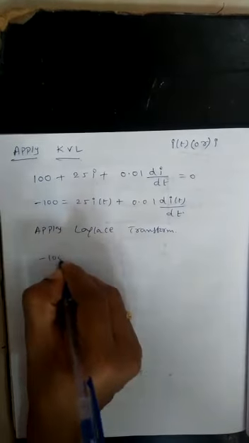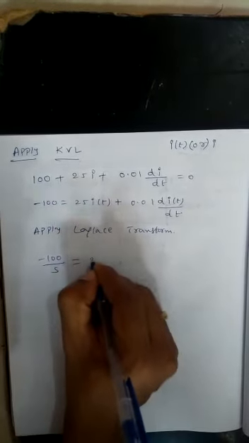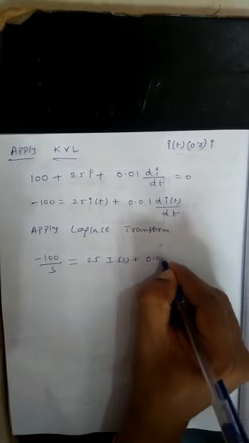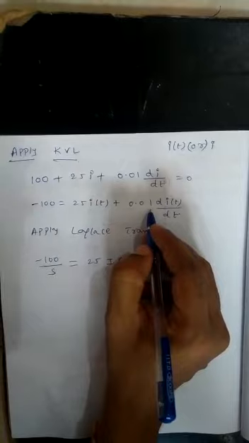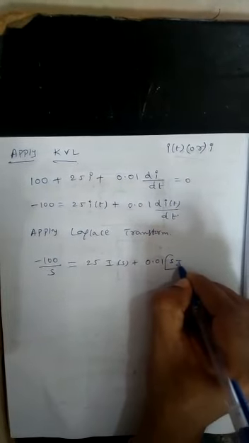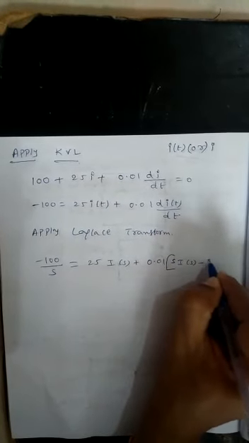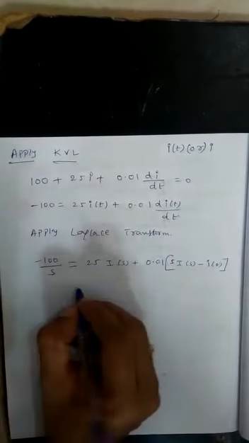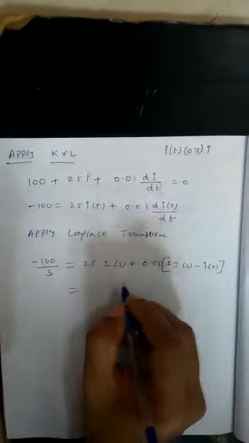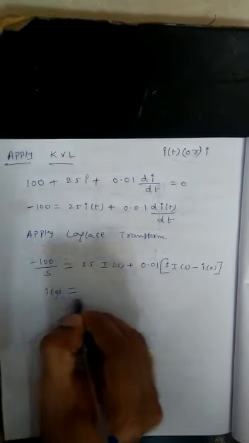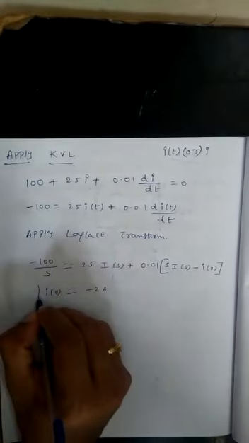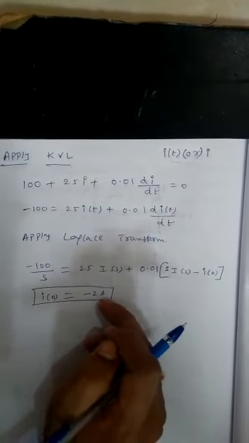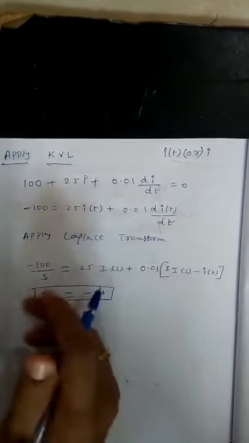So minus 100 divided by s equals 25 I of s plus 0.01, this is the L value, don't disturb it, times s I of s minus i of 0. This is regarding the initial current. What's the initial current value here? i of 0 equal to minus 2 ampere, which I calculated when the switch was in position number 1, right?